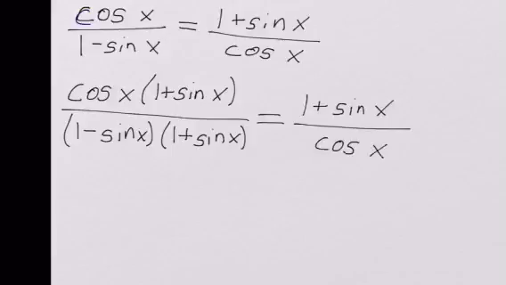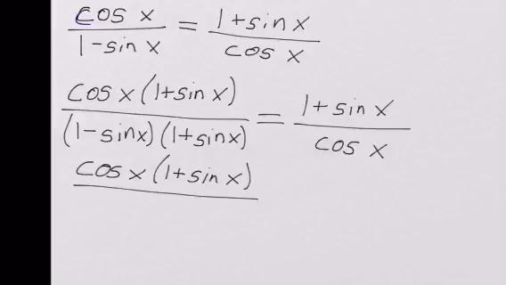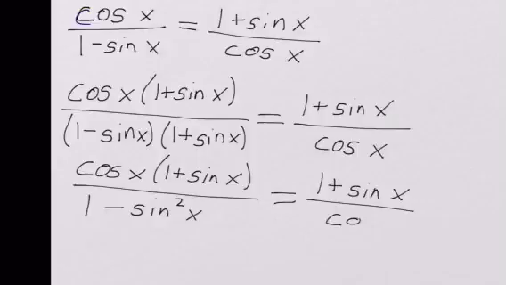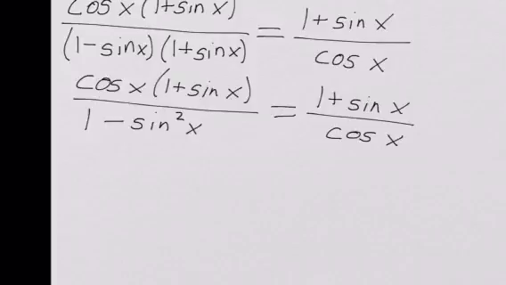Well, now I'm going to go ahead and leave that numerator factored, but I do want to multiply out that denominator. You get cosine x, 1 plus sine x, over, if you remember your difference of squares rule, that's going to be 1 minus sine squared x. And at this point we're almost done with this problem.